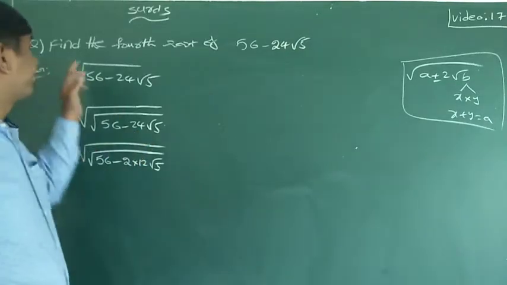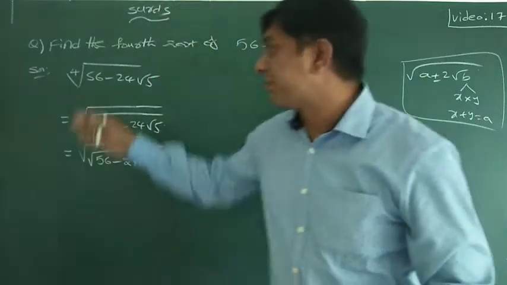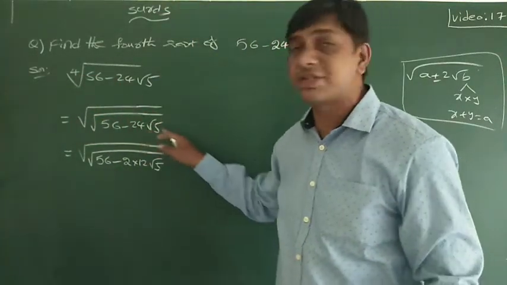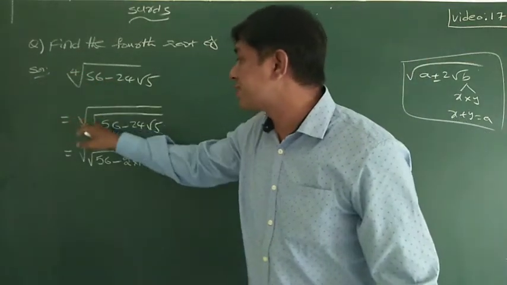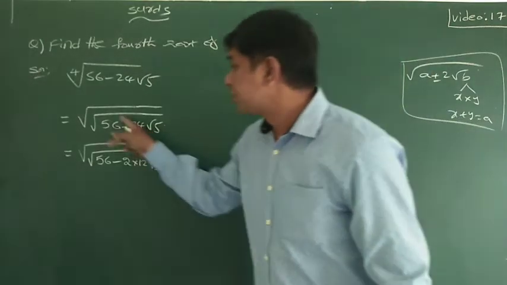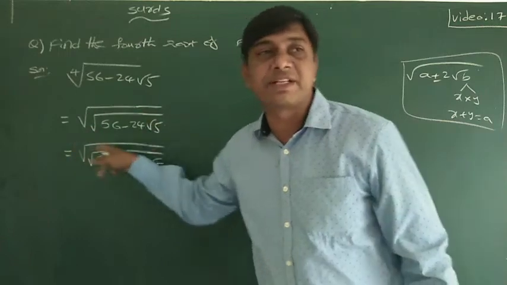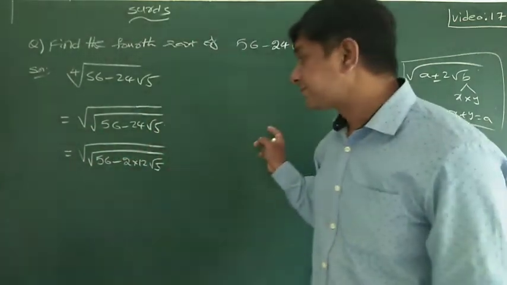Sir, you said fourth root, no sir? Now we are going to find the square root, because the fourth root I wrote as the square root of the square root of 56 minus 24 into root 5. So here I am doing the simplification of the inside.